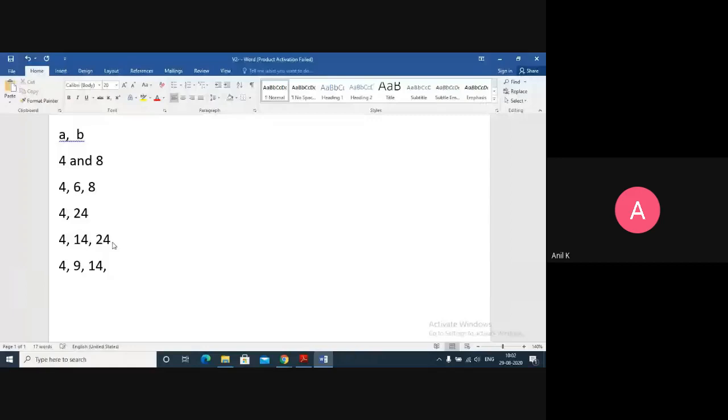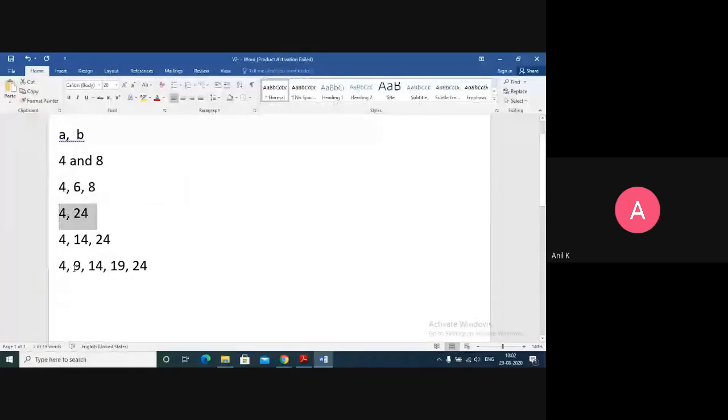If I insert further, maybe 4, 9, 14, 19, 24. So between 4 and 24, I inserted three numbers. Still it forms an AP. The common difference will remain the same. So hence this also forms an AP.